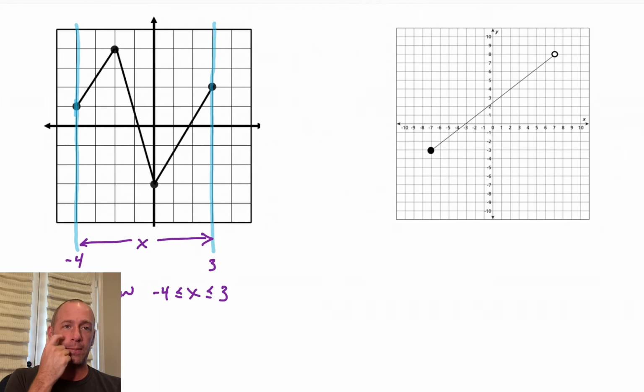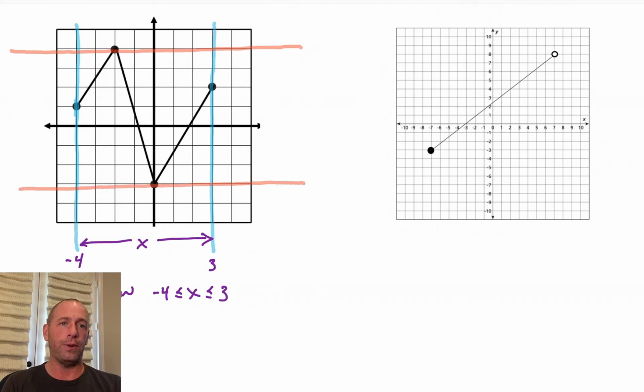I'm going to do the same thing now for the range. As you can see on this graph, the highest y value we'll ever get is 4. The lowest value we can ever have is -3. So we have to show that the y values are always in that window, and we do that again with a compound inequality.